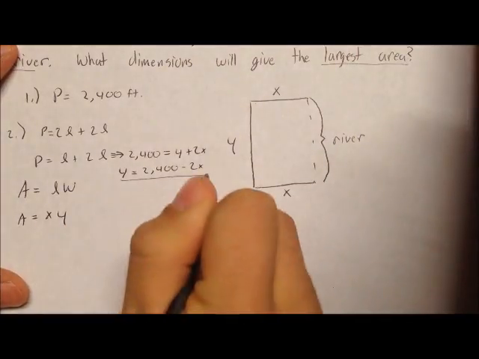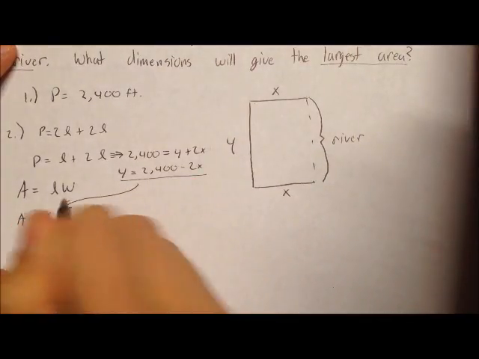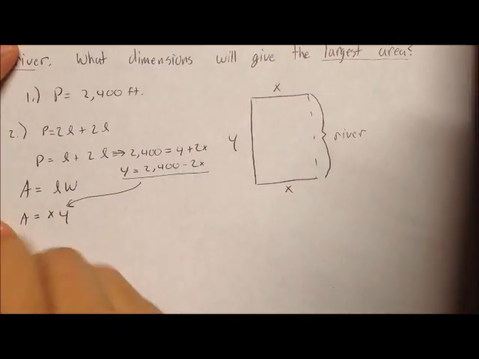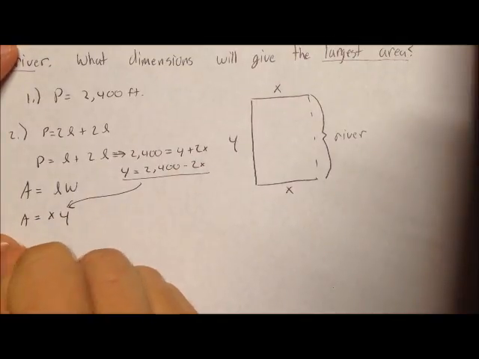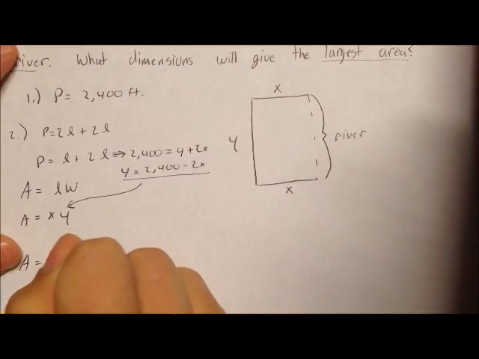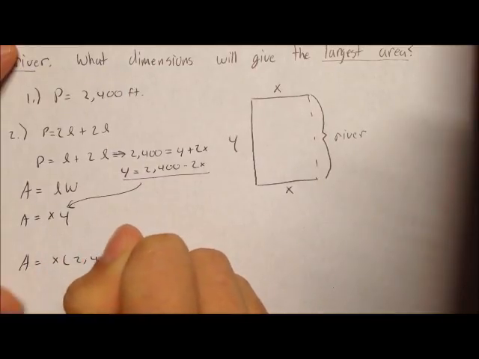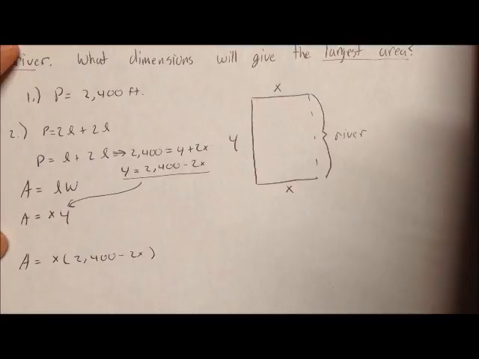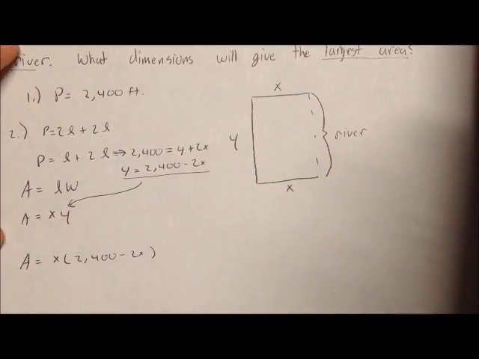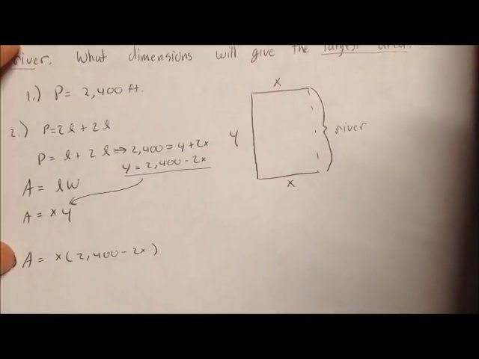And we want to take this and plug it into our equation to be optimized. So now we have that area is equal to x times 2,400 minus 2x, and that completes the third step of optimization, which is simplifying the primary equation to one variable.